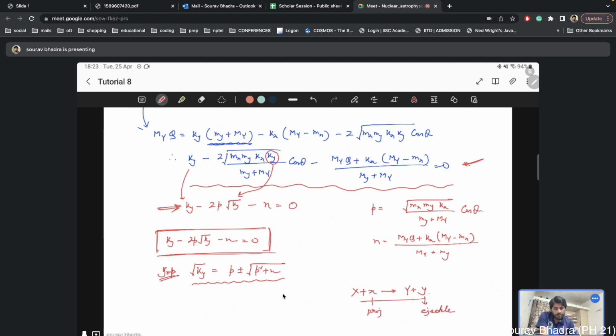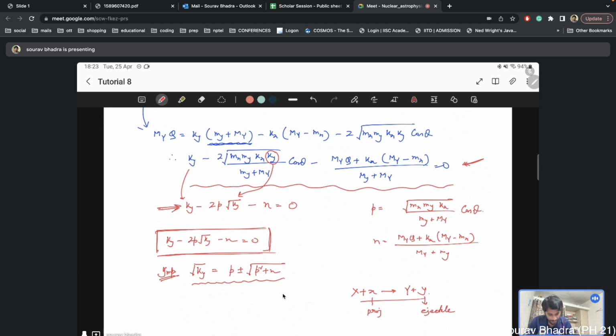The ejected particles can be gamma rays, neutron, proton, or anything, but the capital Y will be a higher mass nuclei element, but the small y will be just a particle. Sometimes it will be, as I told you, maybe positron, electron, proton, neutron, everything. So, small y is actually called the ejectile.